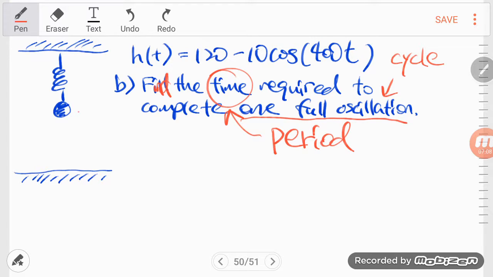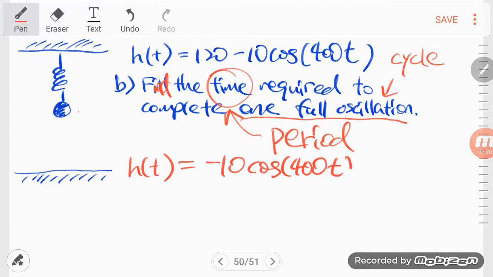Now, my equation is not in standard form, and we are more used to the standard form, so I'm going to convert that to standard form. Okay. Now, let me change my color.